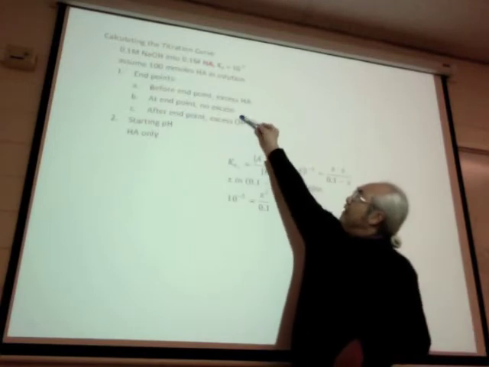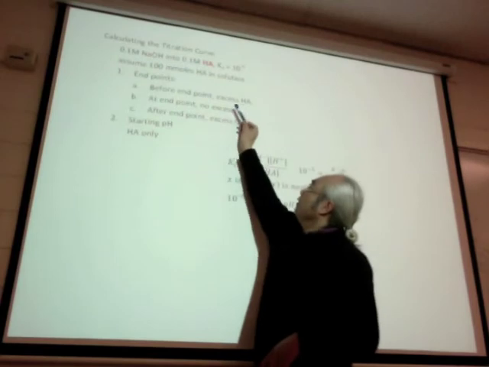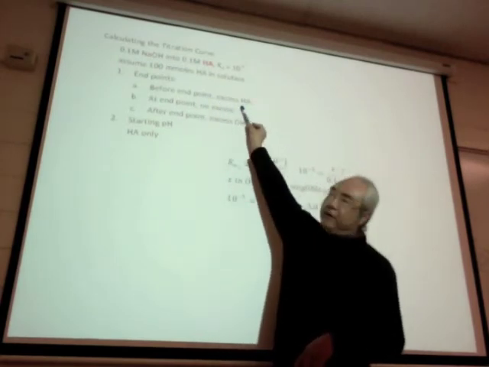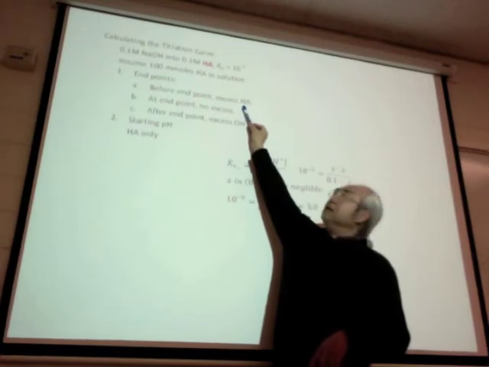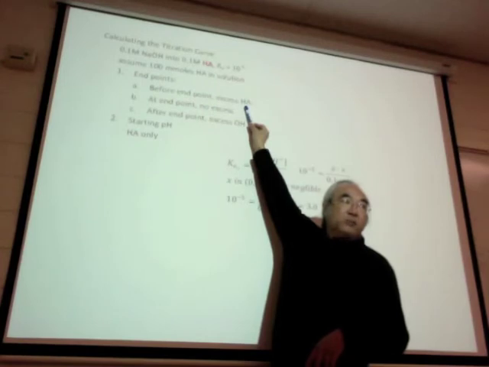So basically, there are 3 regions again that you learned previously. The kind of calculation before the endpoint: before meaning you have excess analyte. So all you need to know is this concentration, then proceed with the Ka expression and calculate.